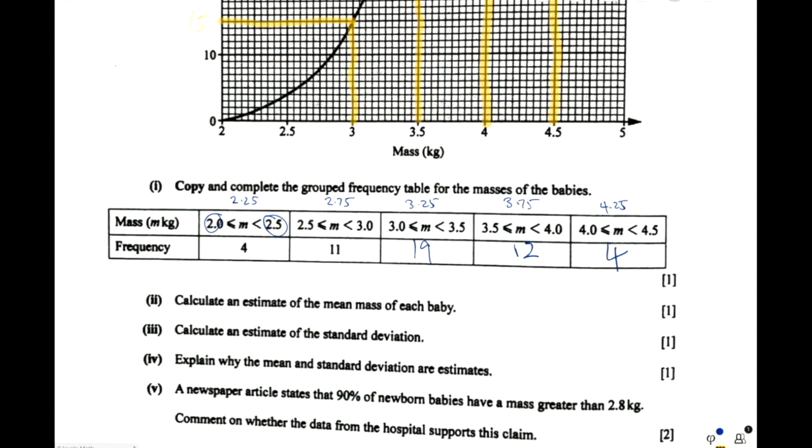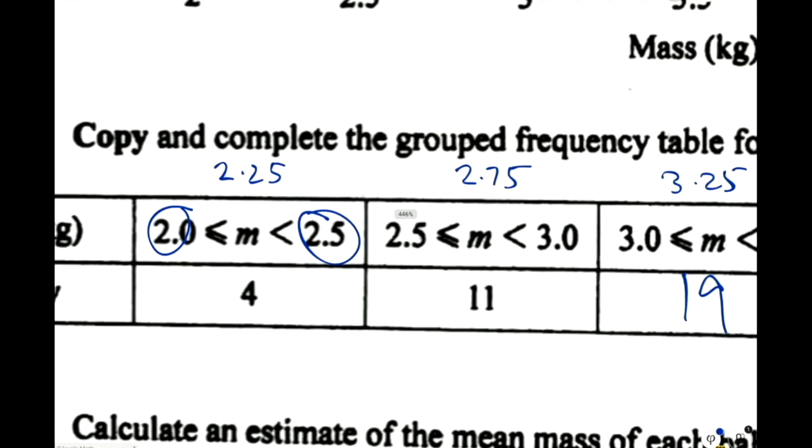You know how I get all these numbers? How do I get 2.25? Divide. Can you show me how to get 2.25, 2.75? Divide it by what?